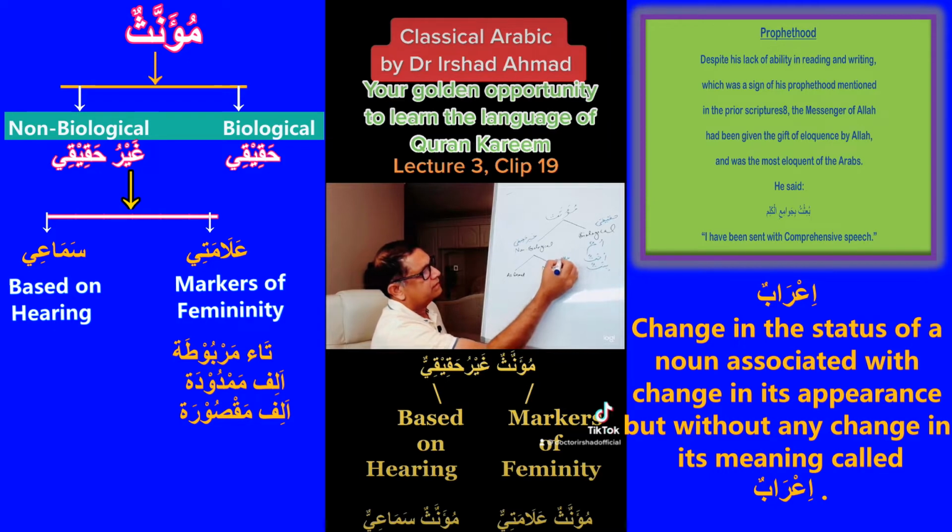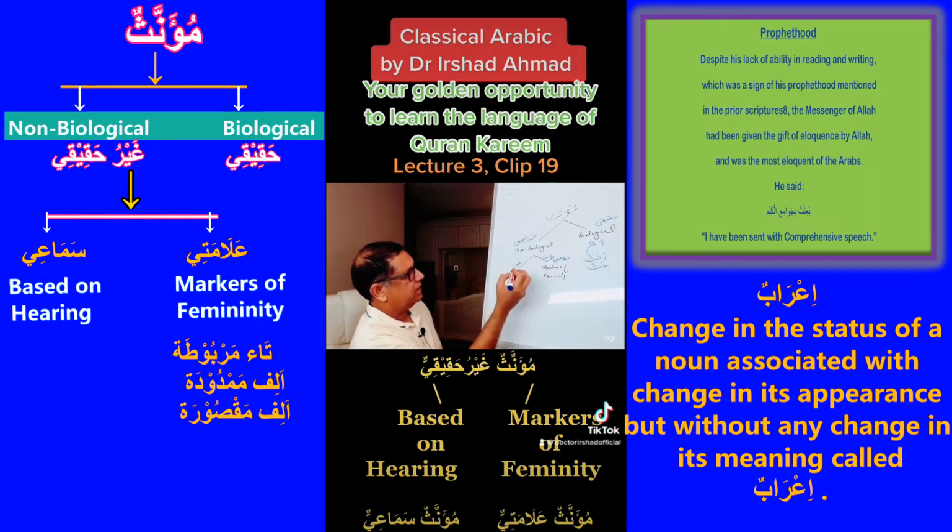Alamat means marker. And this will be called muannas sama'i, based on sama'at, hearing. So this is the kind of chart which we can make: biological, non-biological, and in non-biological we have markers of femininity and the other nouns which we heard from those who speak the language.